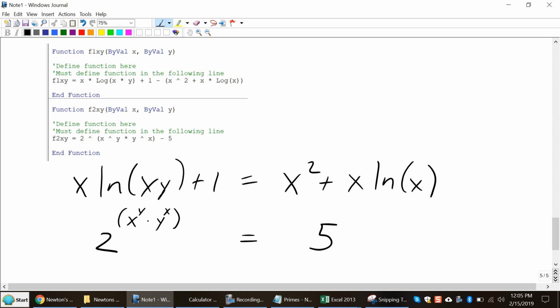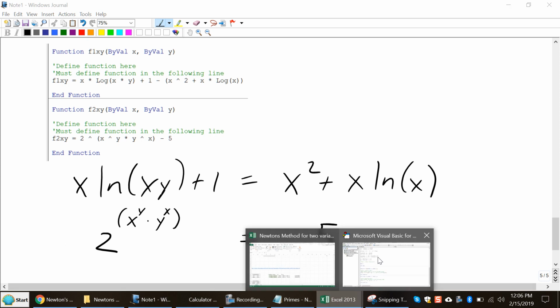In this case, you can't do that. You are truly solving two nonlinear equations simultaneously. How about if you had 3 or 4 or 5? You have no alternative. You have to use something like Newton's method. And that's what we're going to do.